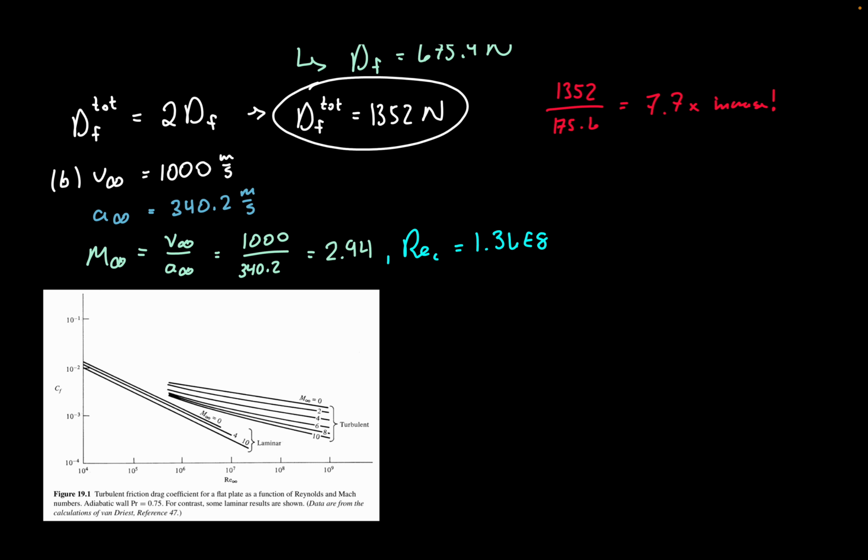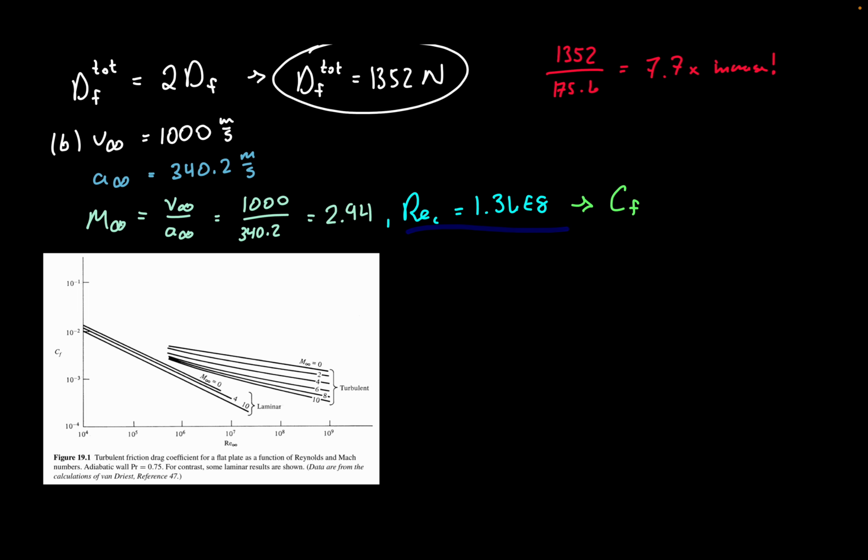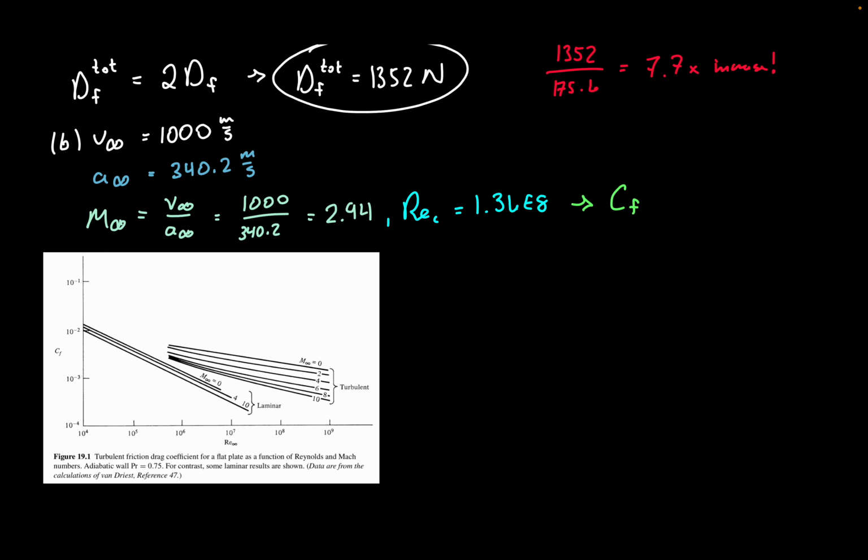So then what we can do is find C sub F. The reason we needed the Mach number and the Reynolds number is because with turbulent flow, we have to use this graph to estimate our coefficient of skin friction drag. So if we grab a pen here, we have a Reynolds number of about 1.36 times 10 to the 8.